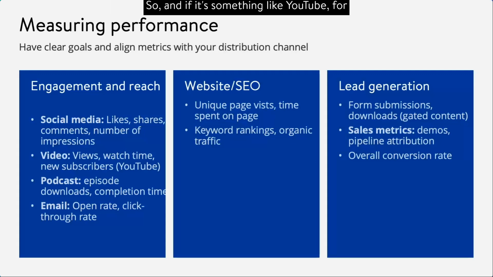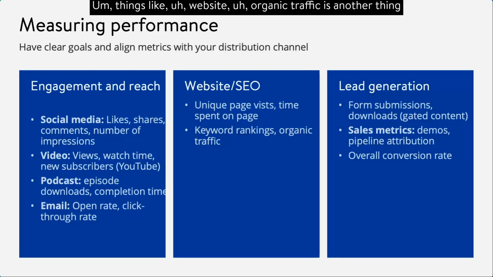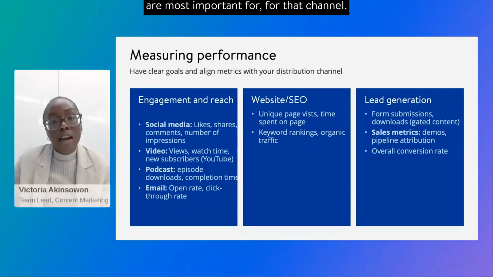And if it's something like YouTube, it's also thinking about whether this video content is contributing to our subscriber growth. Website organic traffic is another thing to think about when you perhaps repurpose the content as a blog post or landing page. So think about how those have performed in terms of the metrics that are most important for that channel.